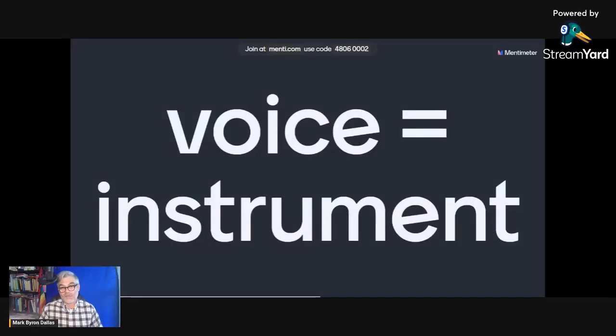Now, when I say it's an instrument, yeah, your voice is an instrument. And I don't mean that metaphorically, I mean it literally. Because just like any musical instrument, the voice has a power source, an oscillator, and a modifier. So let's explore that a little bit now.